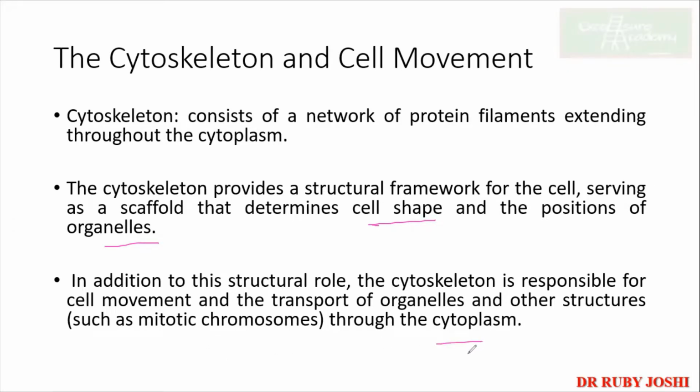We'll see that in the upcoming lectures, for example, when we talk about blood vessels and the site where a wound has happened. We know that WBCs are the defensive cells, for example macrophages.